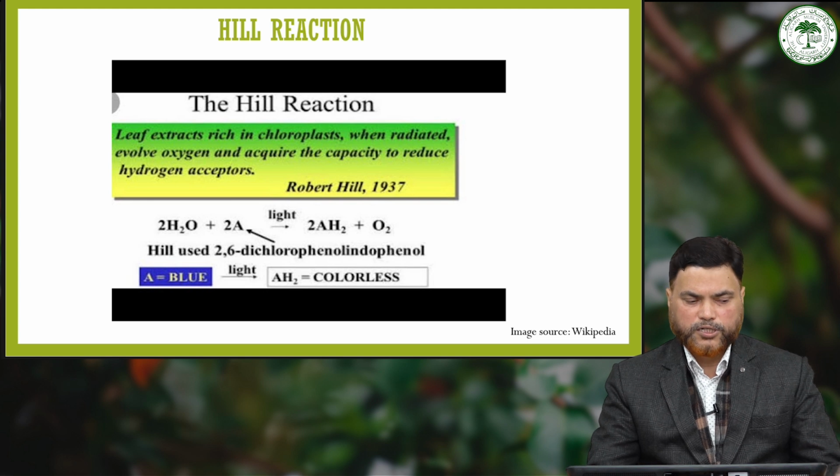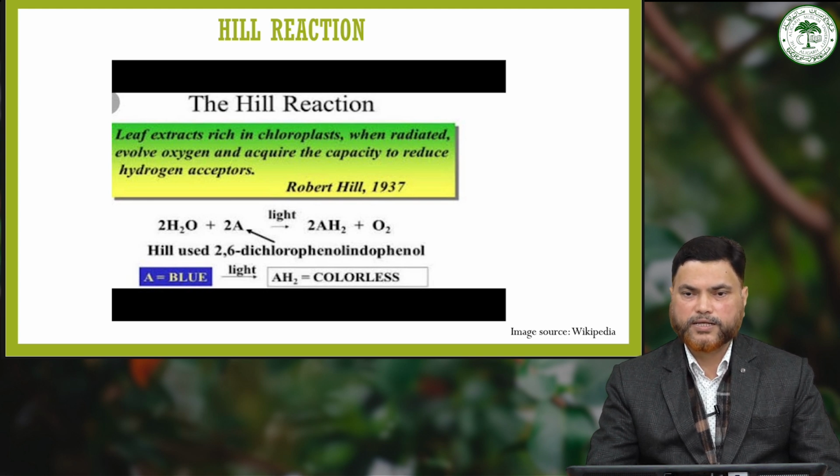One of the oxidants utilized by Hill, now known as a Hill reagent, is evident in this slide, namely 2,6-dichlorophenolindophenol, which appears blue in its oxidized form and colorless in its reduced form.